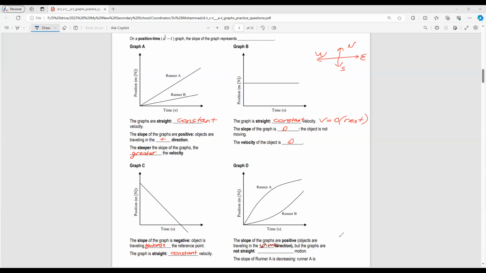Same direction, the positive direction. But the graph is not a straight line, so it means accelerated motion, right? Non-uniform motion.